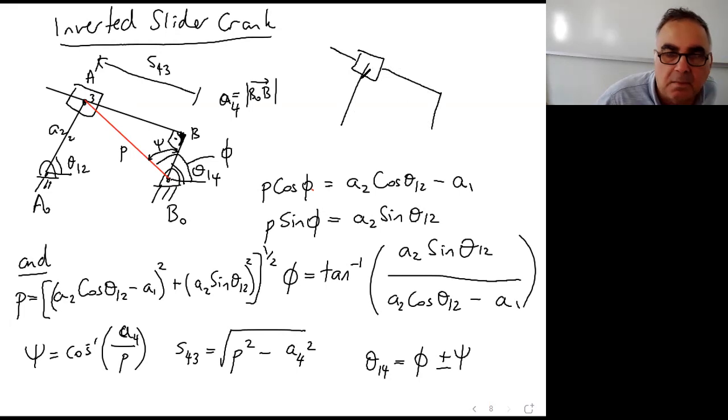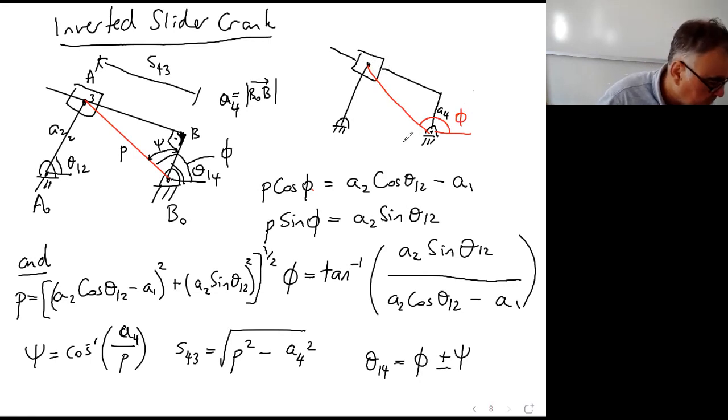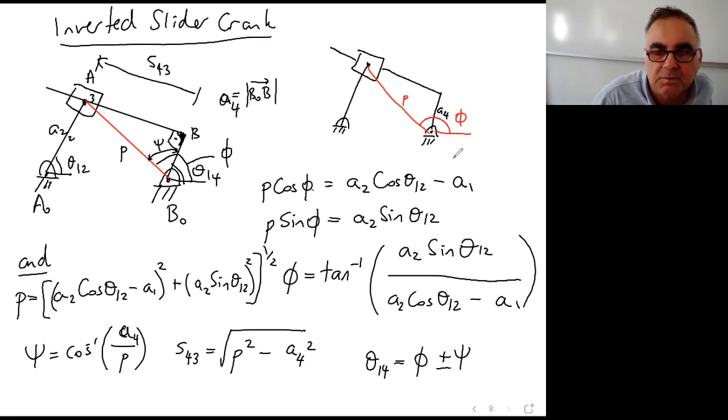And this is A4. This angle is phi. And this is P. And there is another possible position of this mechanism, which we obtain from the solution, this plus minus sign.